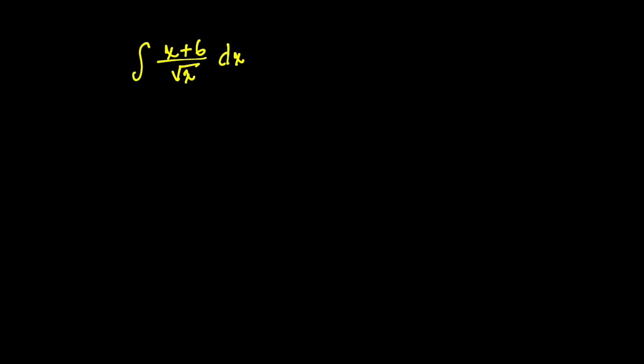Here's another example that's going to need a little bit of rewriting before we get going with it. So I'm going to rewrite this as x to the negative 1/2. I'm taking this square root of x, writing it as x to the half, and then moving it upstairs with a negative exponent. The reason I do that is because then I can simply distribute it on x plus 6.